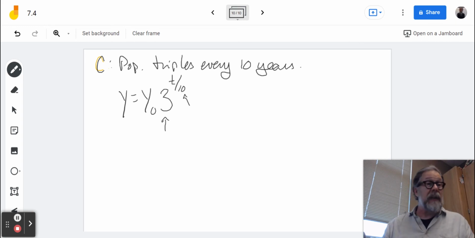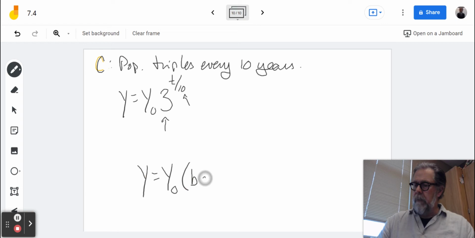It becomes really easy to write that equation. I don't even really have to do a whole lot of thinking about it. My equation is 3 because it triples and t over 10 because that's how long it takes to triple. So generally, y equals y sub naught base to the power of t over time to base.